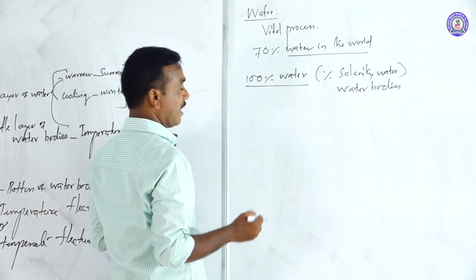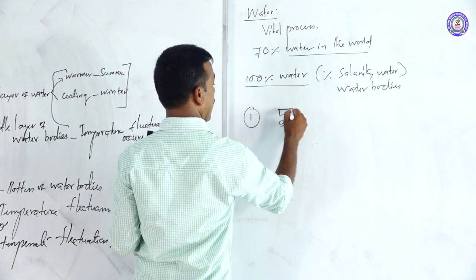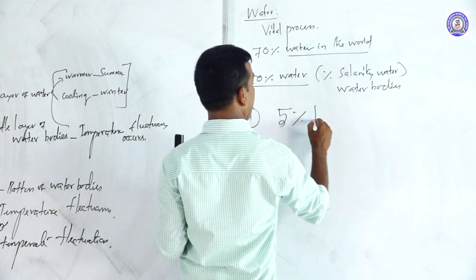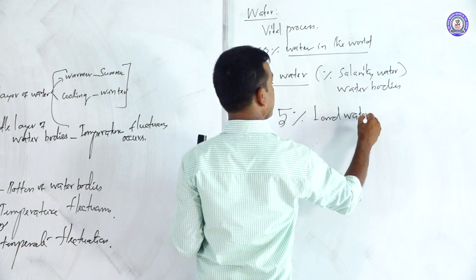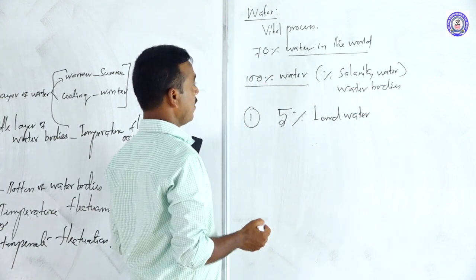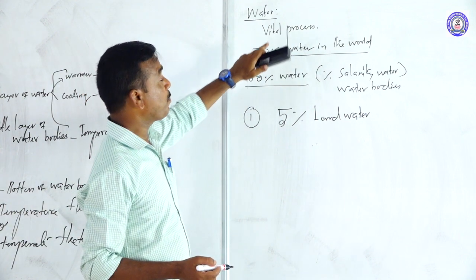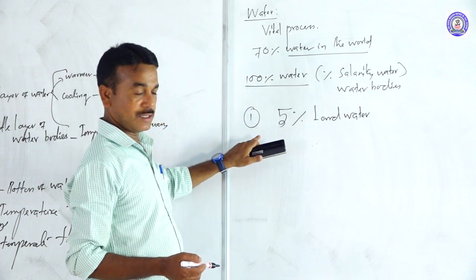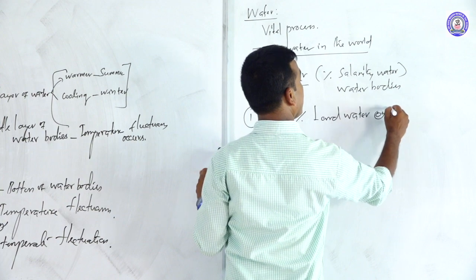The percentage level is commonly given as follows. There is 5% in inland water. Somebody may ask a question like this: out of 100% of water, what is the percentage of salinity in the water bodies? 5% is inland water, also known as fresh water.